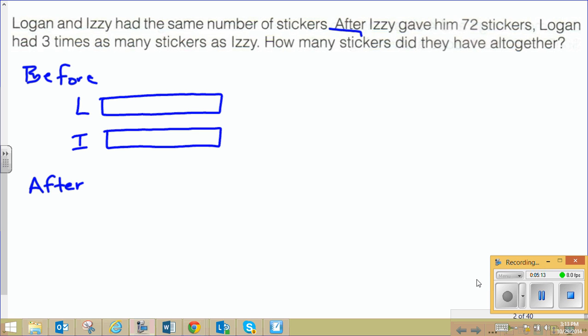So Logan will have 3 parts, and Izzy will have 1.